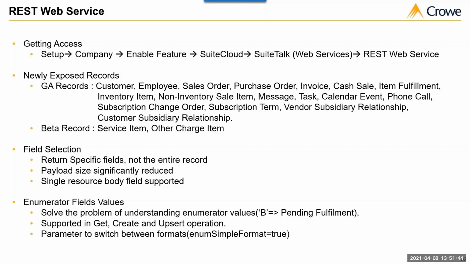So you can mention whether you want a simple format. If that simple format parameter is true, you are going to get a value of B. But if the simple format is false, you are going to get a value of B and text as pending fulfillment. So you can directly utilize the pending fulfillment in your integration. Alejandro, next slide.